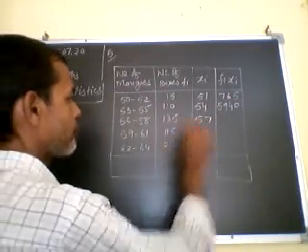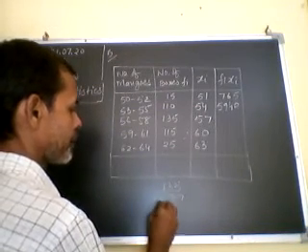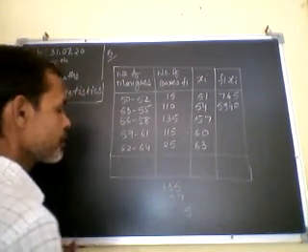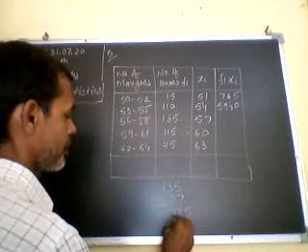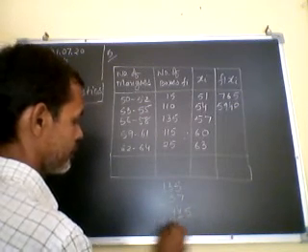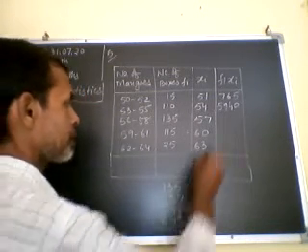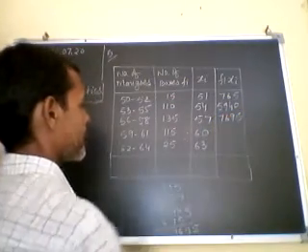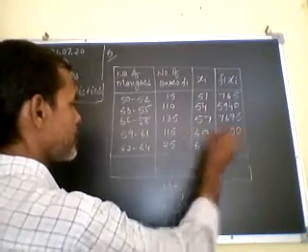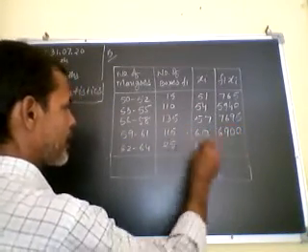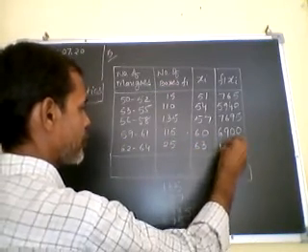Now 135 into 57, that is 7695. Now 115 into 60, that is 6900. 25 into 63: 25 threes are 75, 25 sixes are 150 and 7, so 1575.